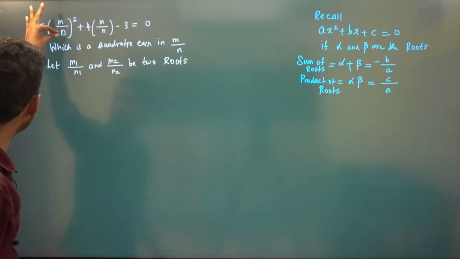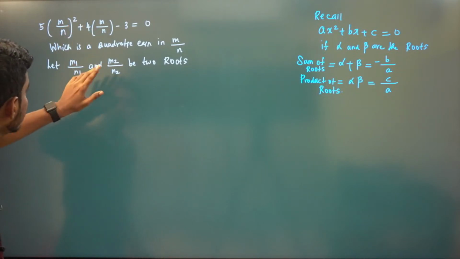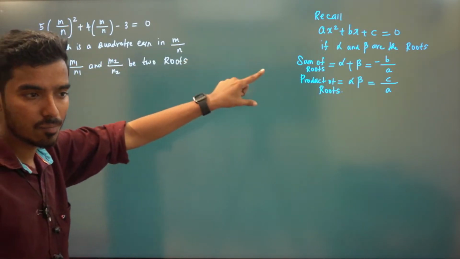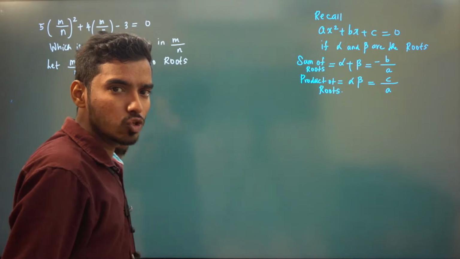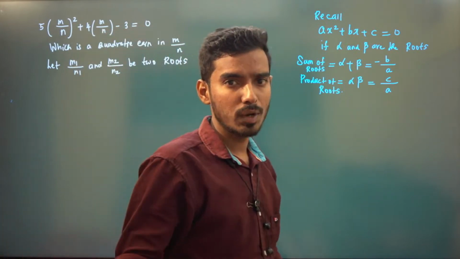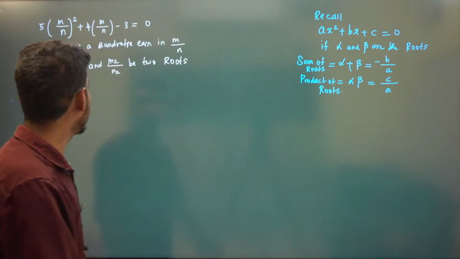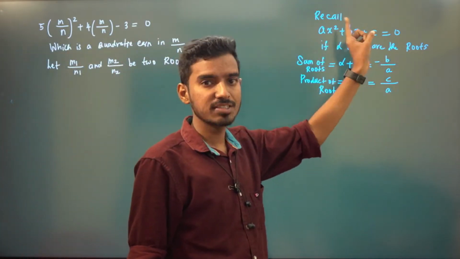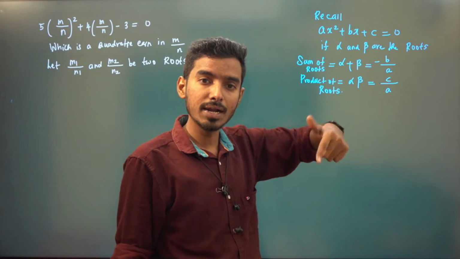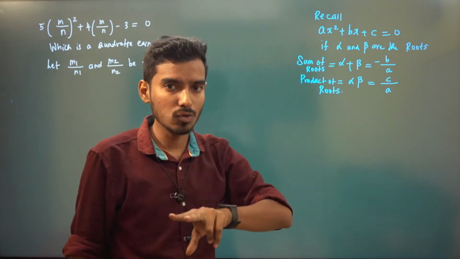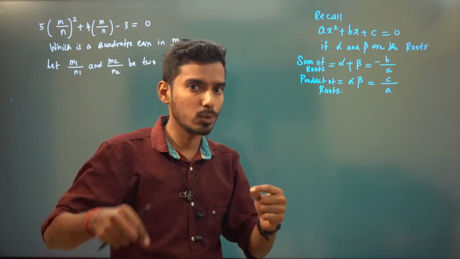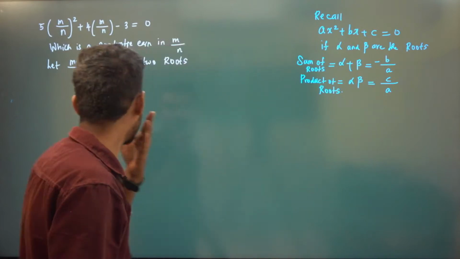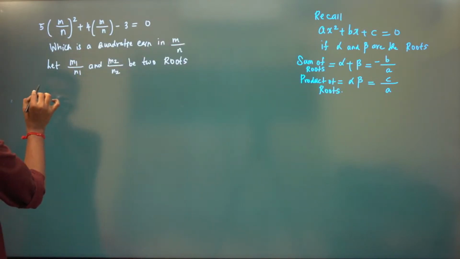But if it is in m by n, assume the two roots, instead of alpha beta, as m1 by n1 is the first root and m2 by n2 is the second root. Here we have alpha beta if it is in x; here it is quadratic in m by n, so we will have two roots, m1 by n1 and m2 by n2.